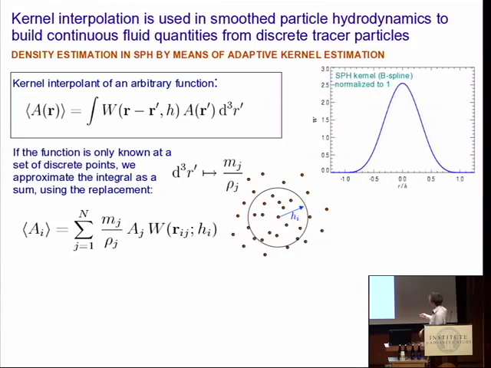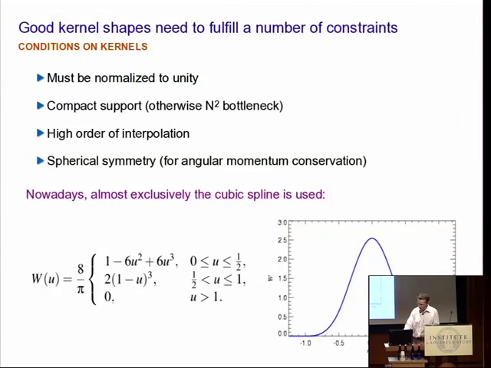So if you have a compact support that becomes identically 0 at a distance larger than some finite radius, then only the particles inside this circle will contribute to the sum. That's what you want. You look at a finite number of neighbors around you to calculate these sums. You don't want this to involve all the other particles, because then you would be back to an n-squared algorithm. So that's why I need compact support.